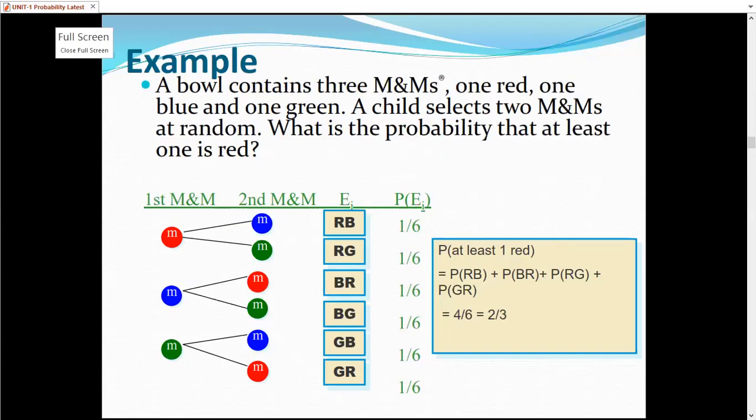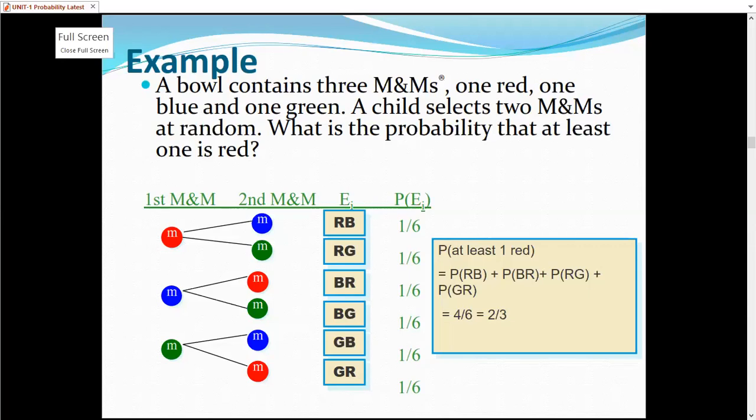First M&M is red, blue or green, and for the second M&M you will have combinations, that is the total sample space: red blue, red green, then blue red, blue green, and the last ones, green blue and green red. So you have a total sample space of 6, and each probability of Ei gives you 1 by 6, and the total probability is 1.